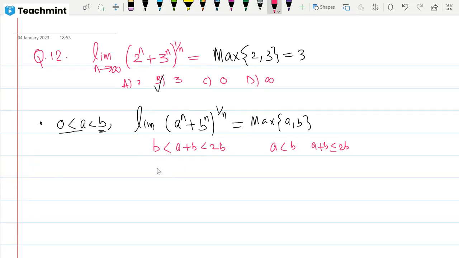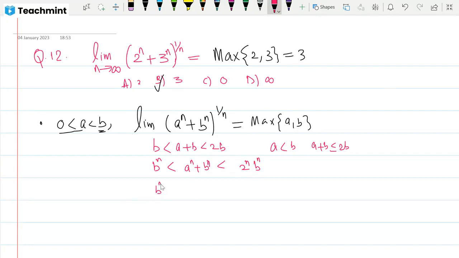And similarly, we can show by induction that B power n is less than A power n plus B power n is less than 2 times B power n. Okay. Now take the nth root on both sides.